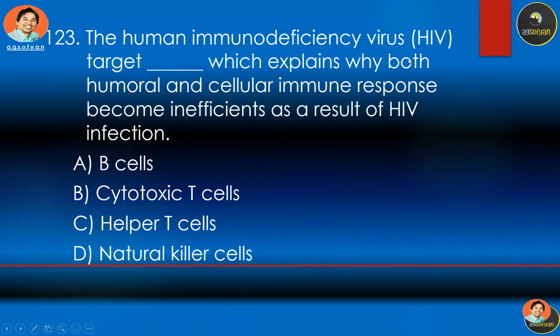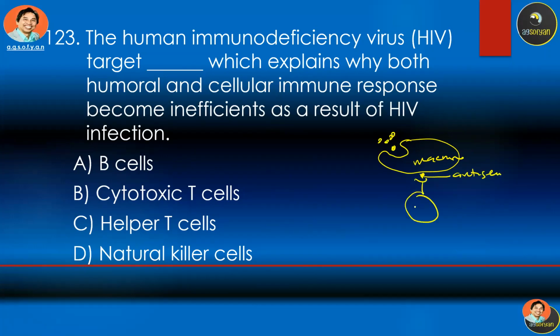The human immunodeficiency virus HIV targets blank, which explains why both humoral and cellular immune responses become inefficient as a result of HIV infection. Okay, so remember that process again. This is the macrophage. This is pathogens, and macrophages will process that and produce the antigens, presenting the antigen. Antigen will be recognized by T helper. T helper will produce interleukin and also cytokine.